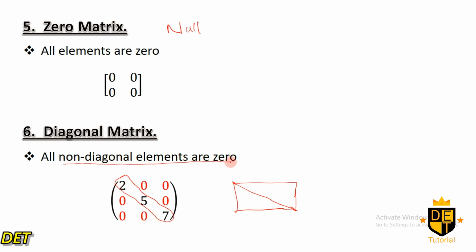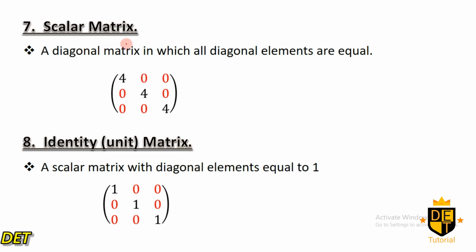Are zero. Then we have the scalar matrix. It's very important that you should know that the scalar matrix is a diagonal matrix in which all diagonal elements are equal. So you can see these diagonal elements, they are equal. All of them are 4.